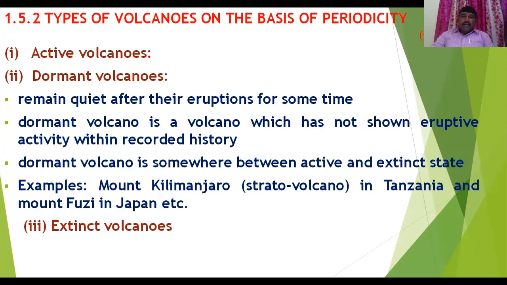It is worth mentioning that the violent eruptions of such dormant volcanoes are generally preceded and accompanied by earthquakes, some of which have been very destructive also. Mount Kilimanjaro, which is a stratovolcano in Tanzania, and Mount Fuji in Japan are fine examples of dormant volcanoes.